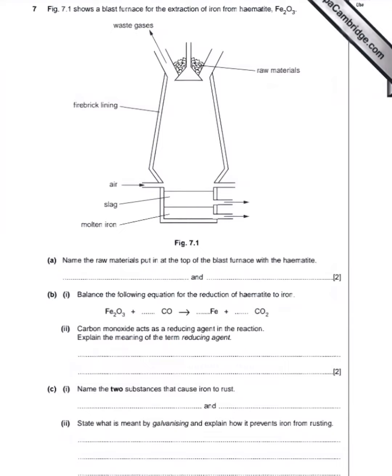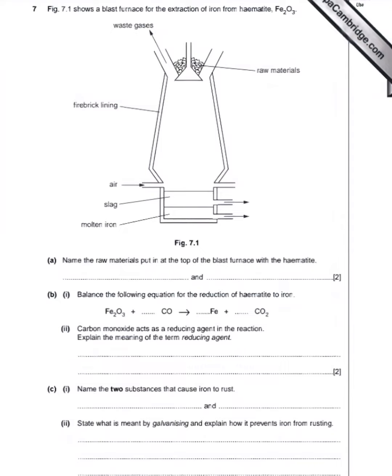So limestone is also injected in the blast furnace. Apart from limestone, we also have coke. This coke is called pure carbon. Then the last thing, we have slag and also molten iron.